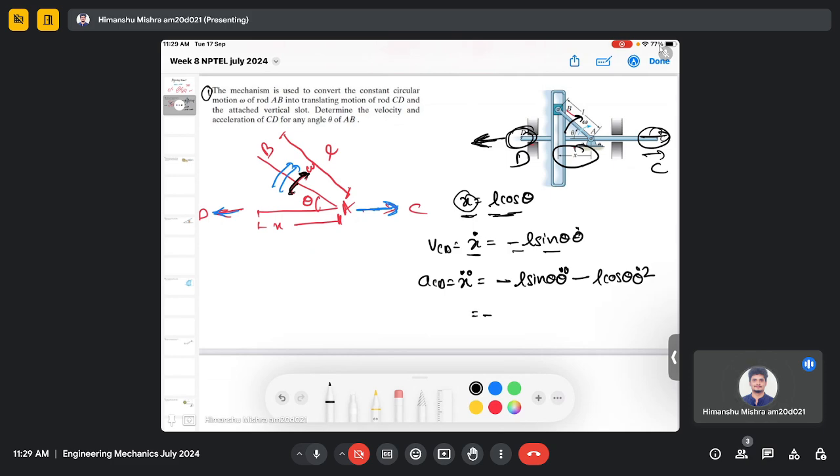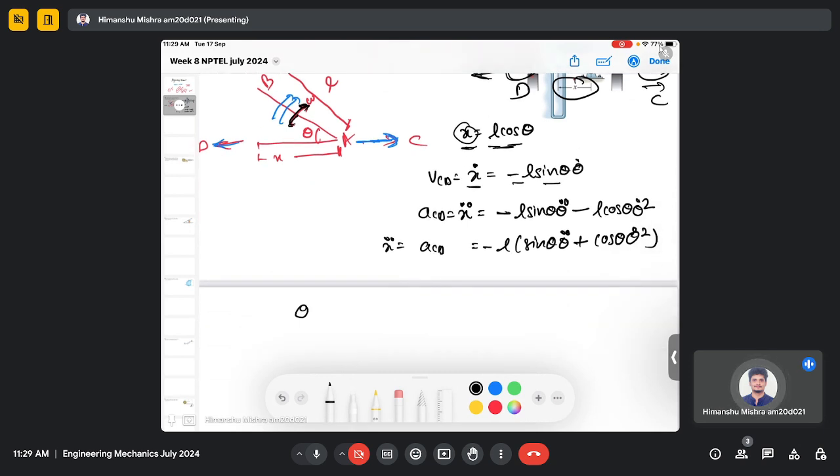So it will be L times sine theta, theta double dot, plus cos theta, theta dot square. So this will be my acceleration of CD, which is equal to X double dot.